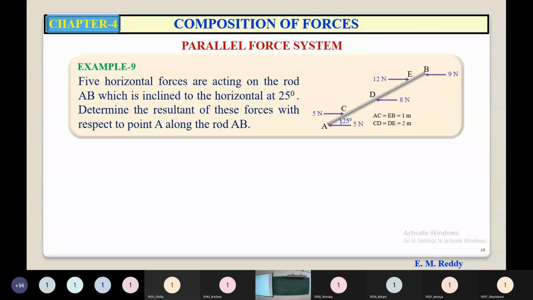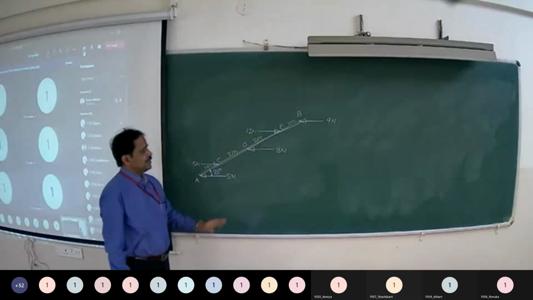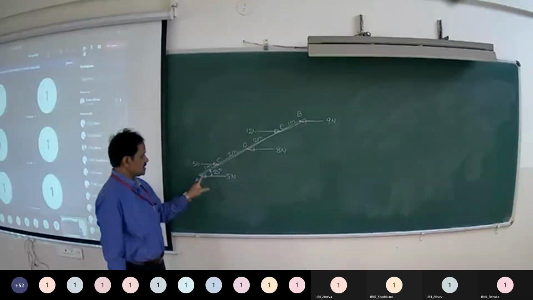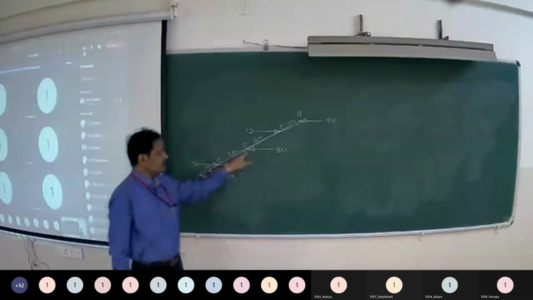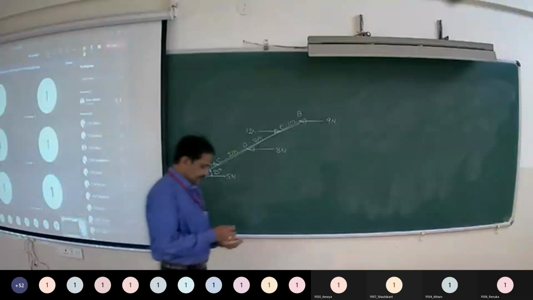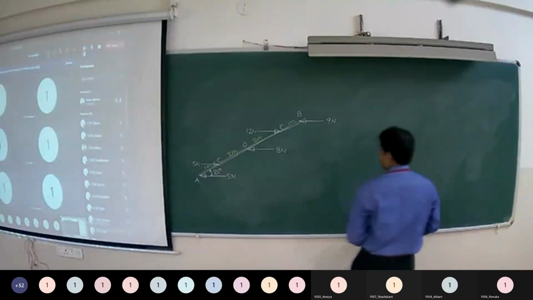Five horizontal forces are acting on the rod AB, which is inclined to the horizontal at 25 degrees. Determine the resultant of these forces with respect to point A along the rod AB. A point to be noted: you have to find out the position of the resultant with respect to point A along AB. That is important, along AB. So first we will find out the magnitude of the resultant.